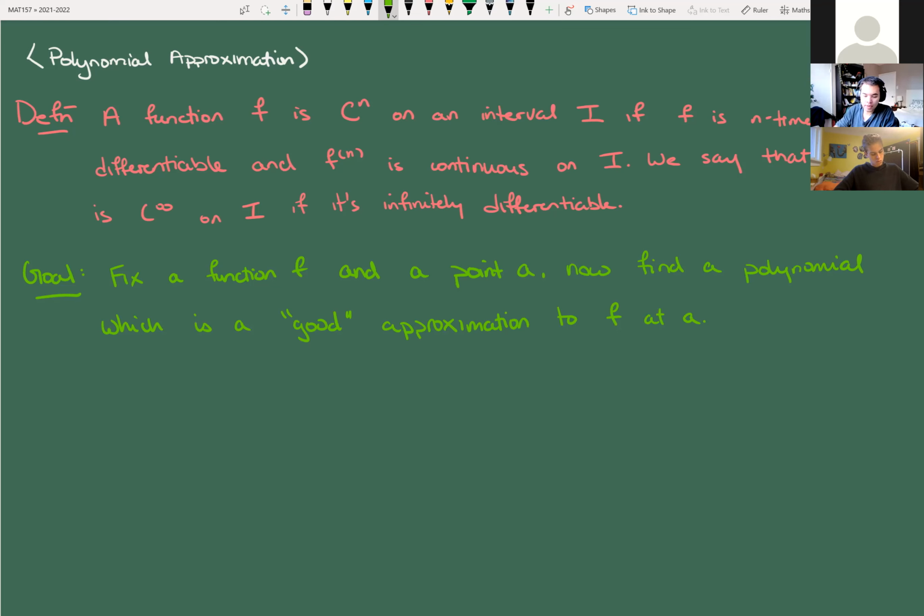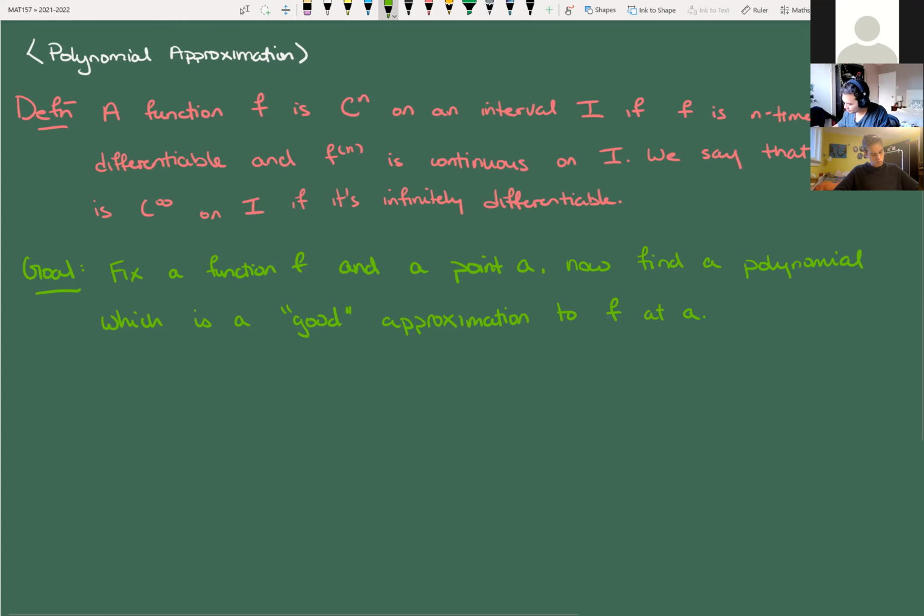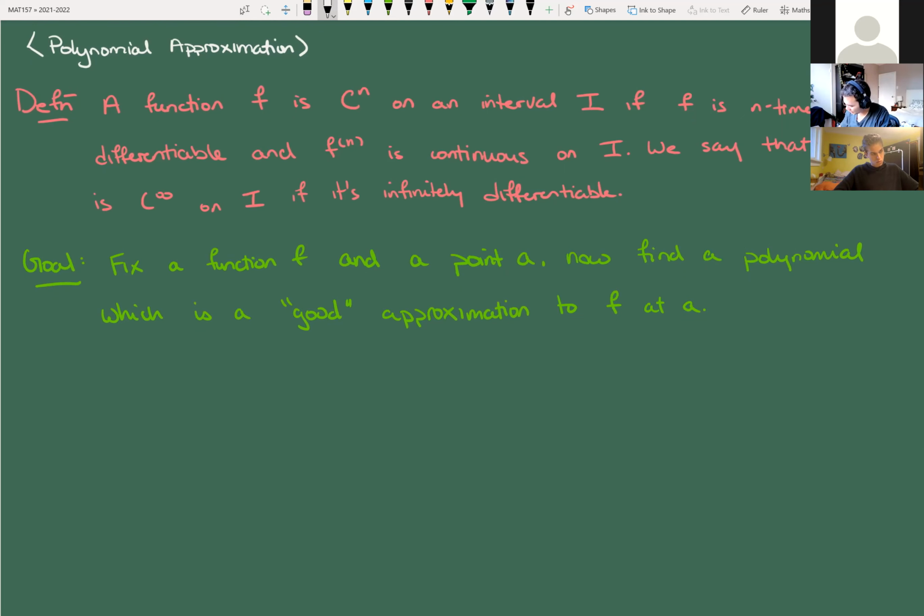So what we're going to do is write down a generic polynomial. Let's define, this is just notation here, just so I don't have to write this down a million times, P_{n,a}(x) is going to be the sum from k equals 0 to n of c_k (x minus a)^k.